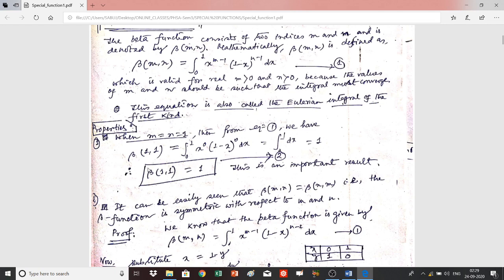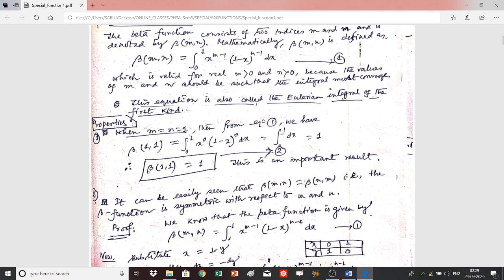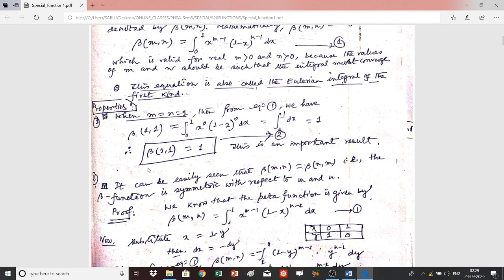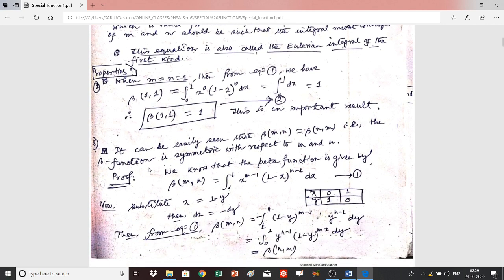So from here we come to know one property of the beta function: beta 1 1 is equal to 1. Now come to the second one. It is another important property of the beta function, that beta m n is equal to beta n m.